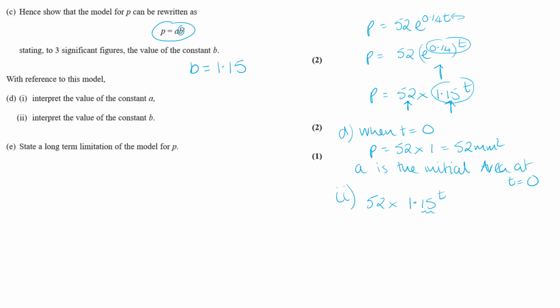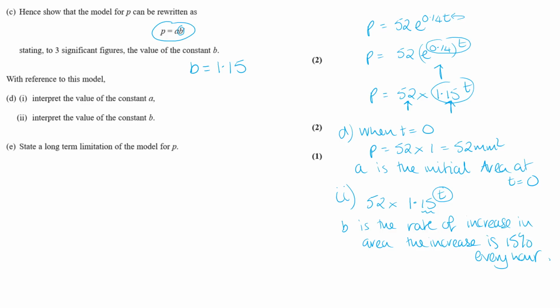The 0.15 there is the percentage increase every t, and t is being measured in hours. So b is the rate of increase in area, and it's telling us the increase is 15% every hour.